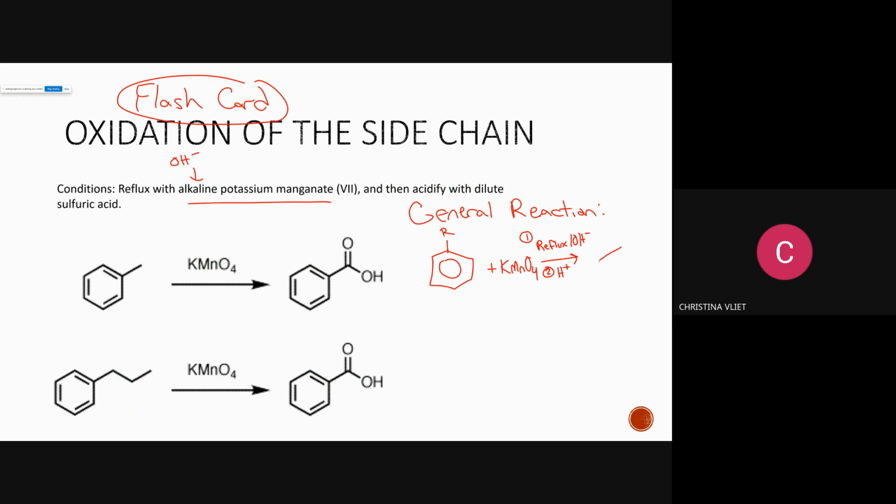What will happen is you actually get this as a product. You end up with benzoic acid. No matter how long your carbon chain is, it will change straight to carboxylic acid with this method: potassium permanganate, OH minus, and then once that's done, you acidify.